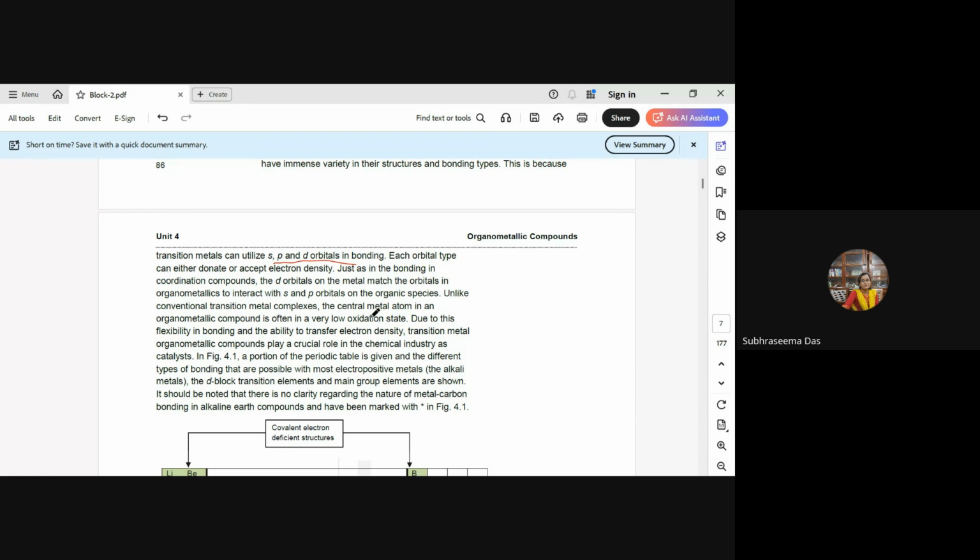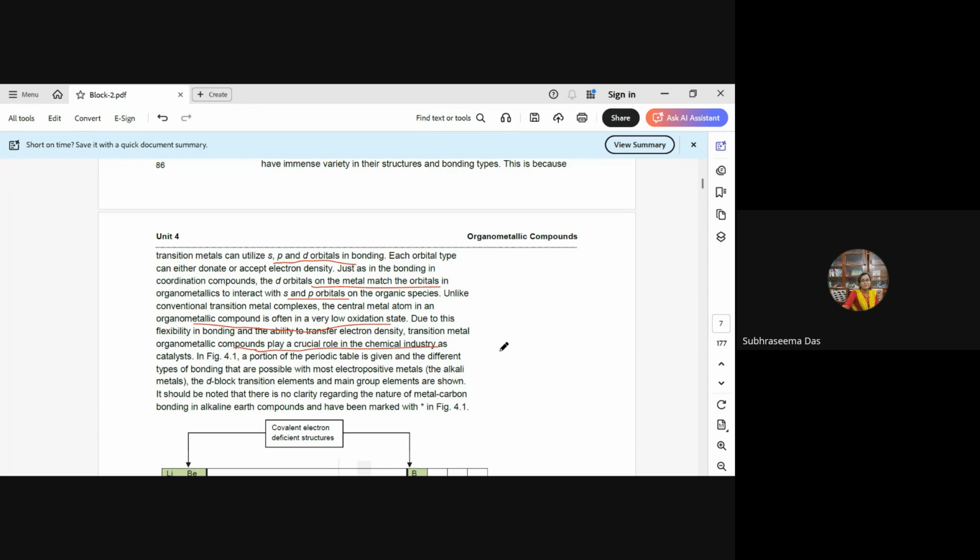Just as in the bonding of coordination compounds, the d orbitals on the metal match with the orbitals in the organometallics to interact with the s and p orbitals. Unlike conventional transition metal complexes, the central metal atom in an organometallic compound is present in a very low oxidation state.